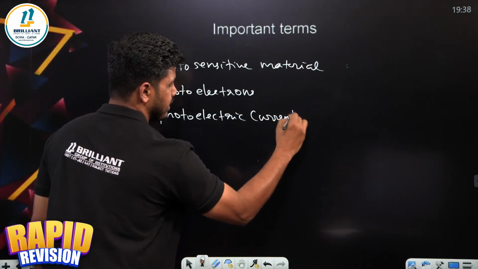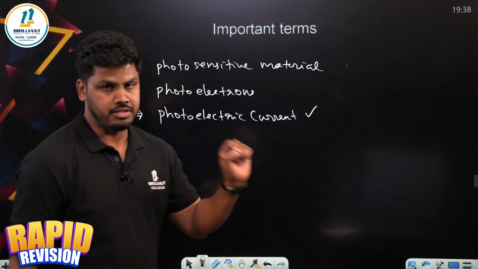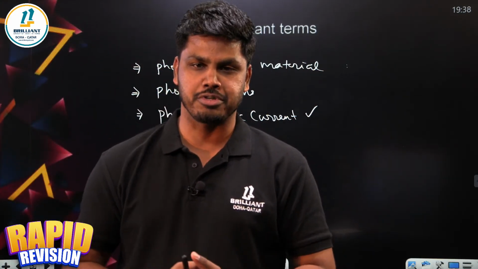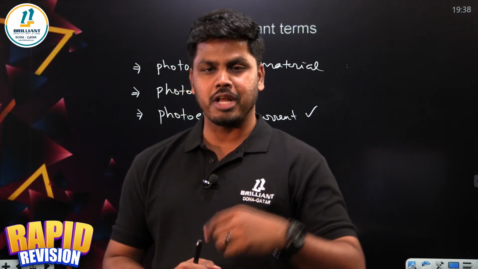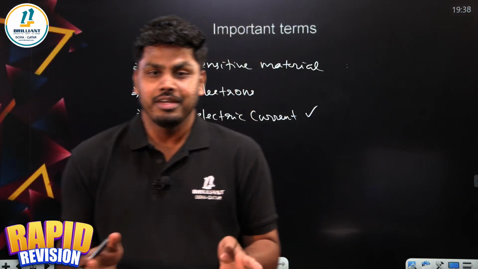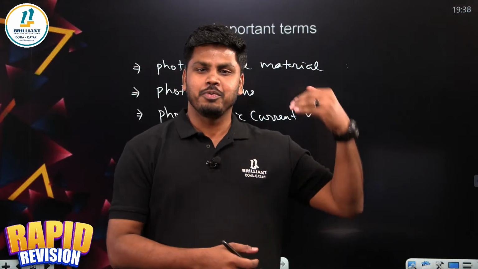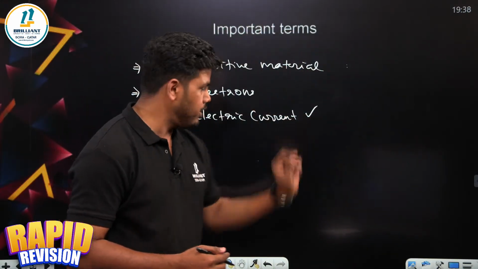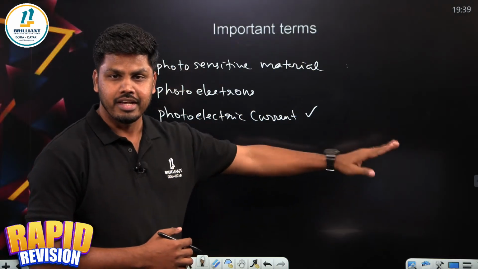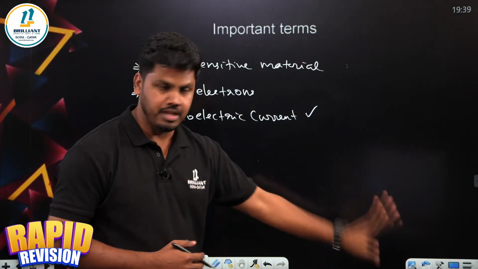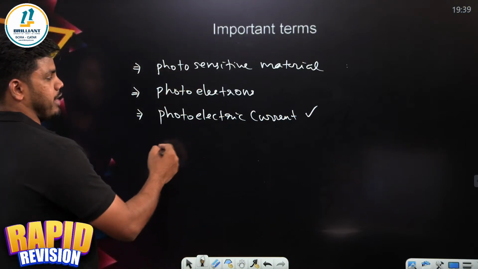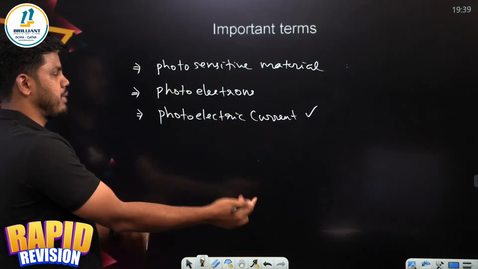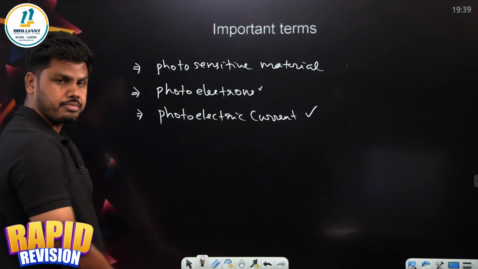This photoelectric current is a very important tool to study photoelectric emission, because when electrons are emitted from the metal surface, we cannot see electrons, right? So we can understand there is photoelectric emission happening only by checking photoelectric current in that experimental setup. When we come to that, we'll explain that also. So photoelectric current is the current constituted by electrons emitted from the metal surface, which are called photoelectrons.